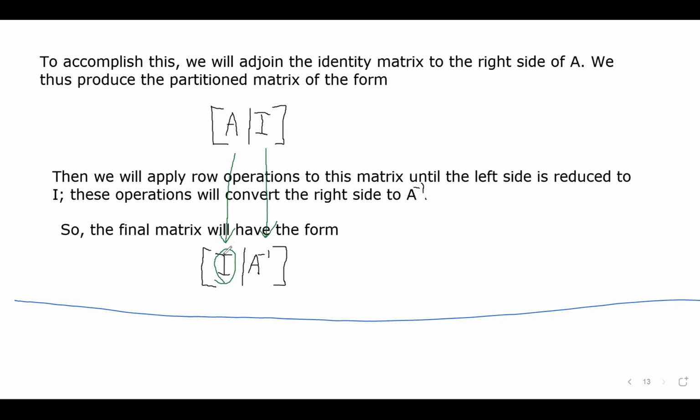So when the left side is I, we stop, and whatever is on the right side, if we did this correctly, is A inverse. If you do it incorrectly, then A inverse might not be on the right side. But assuming everything's done correctly, you have A inverse on the right side.